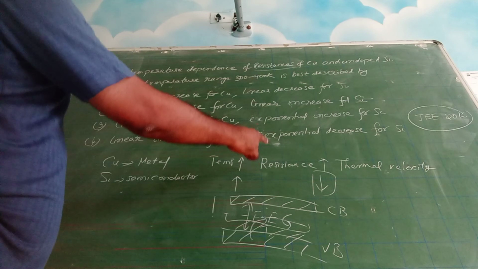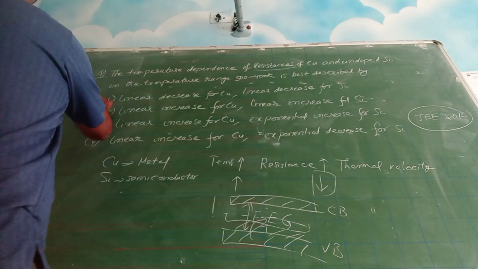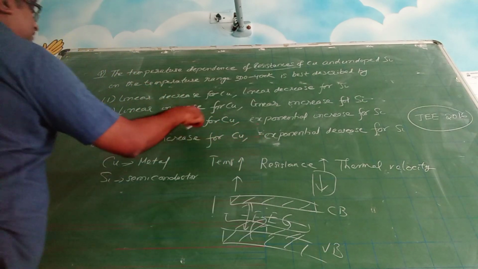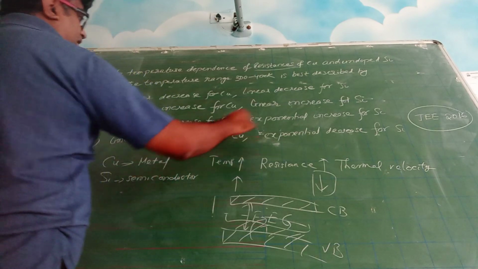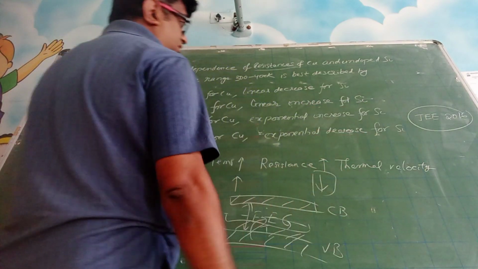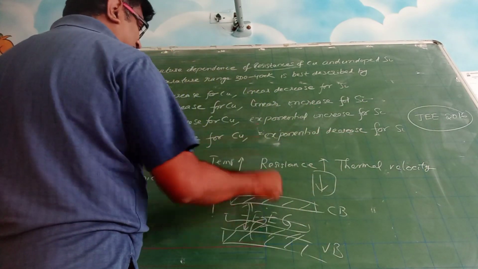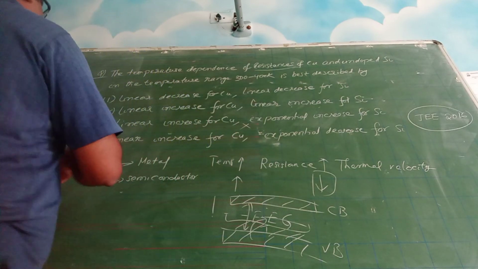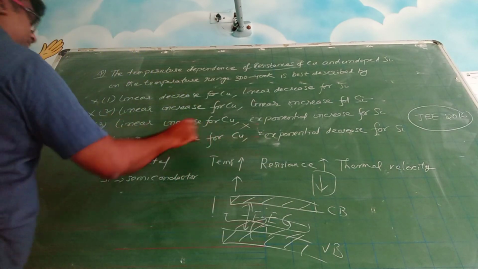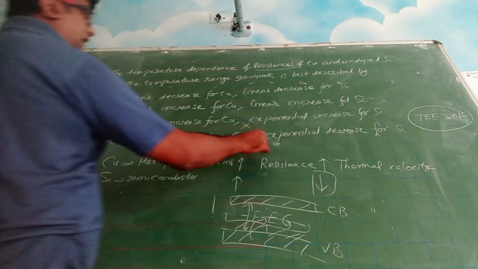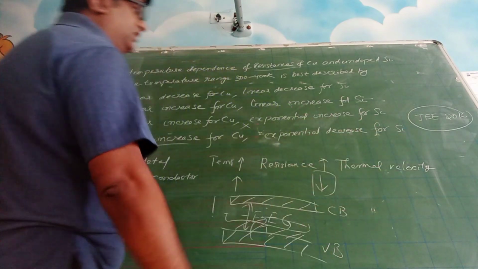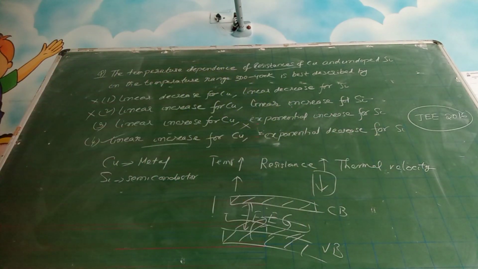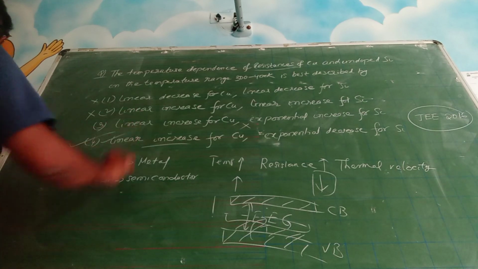Silicon is actually reducing, so this is wrong. Linear increase in copper, exponential increase for silicon? It is not an increase, it is actually a decrease, so this option is wrong. Linear increase in copper is right, and exponential decrease for silicon. Actually this gap falls drastically and it's an exponential fall. So option 4 is the right answer.